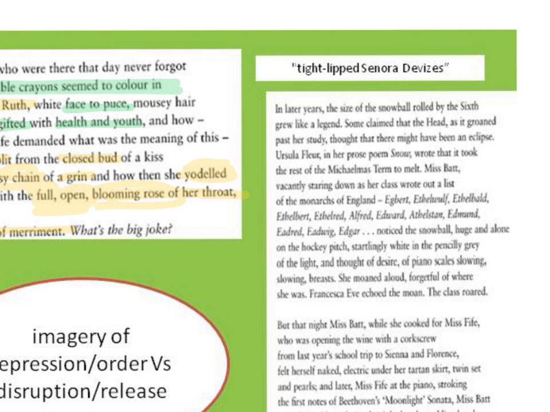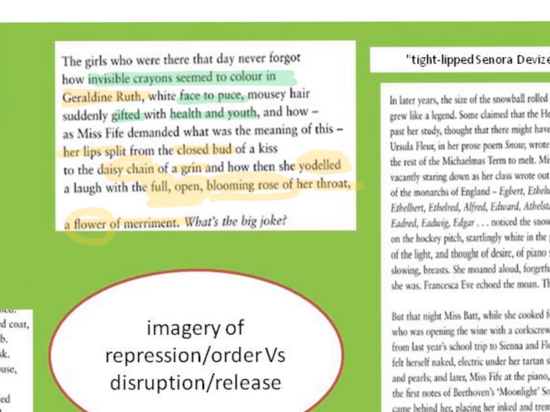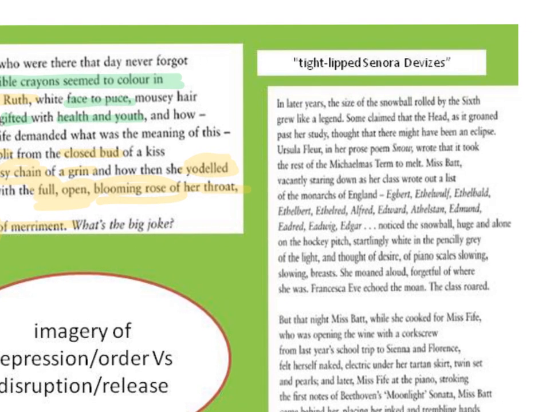So, in contrast to what we've just seen with Geraldine Ruth, whose lips split from that closed bud, to the contrasting idea of full and open. See those antitheses there of closed and open. At this stage of the poem, we still have the teachers very repressed and restrained, so "the tight-lipped Senora devises."